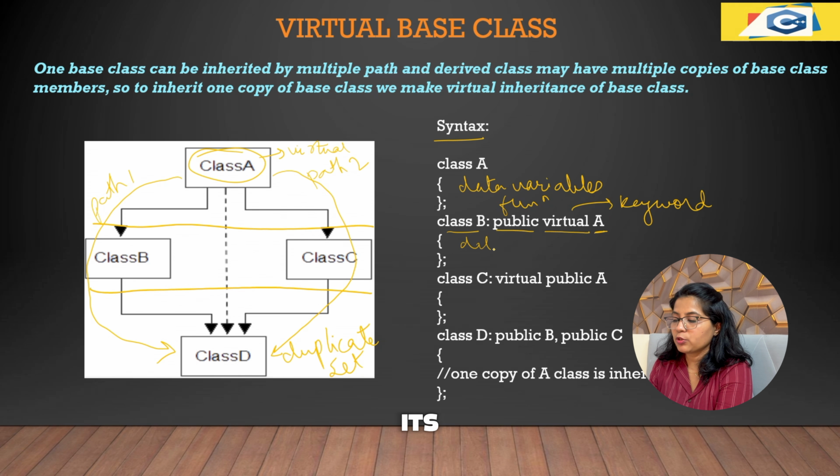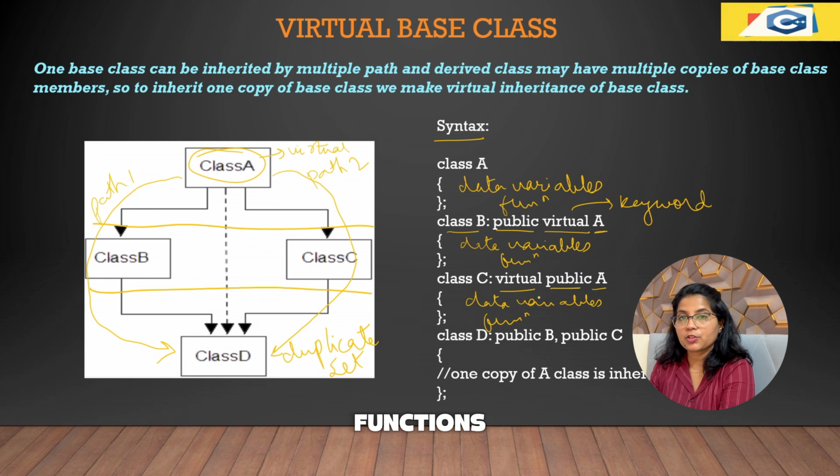Class B will have its own data variables and its own functions. Okay, coming to class C, virtual public A. For class C, class A is a base class, right? Class C will have its own data variables and functions, right? We can either use public virtual or virtual public.